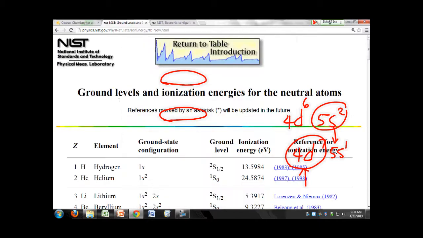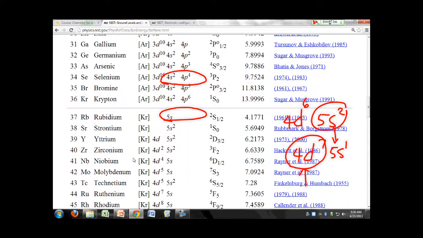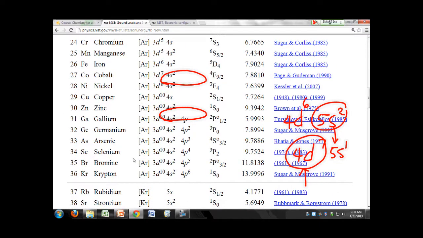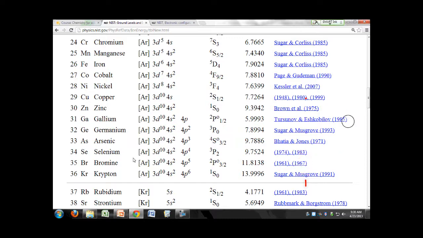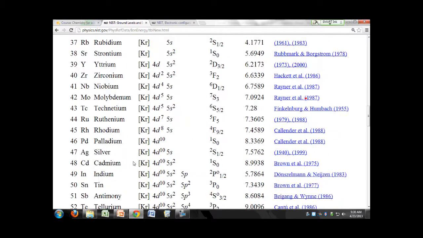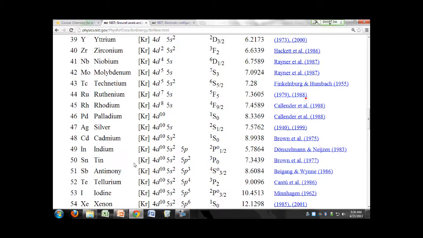Here's another website. What's RH? Let me switch to this other table. You can find this one also on the NIST website. So we found ruthenium, it's an exception. Rhodium is also an exception. Instead of 5s2 4d7, you have a 5s1 4d8.